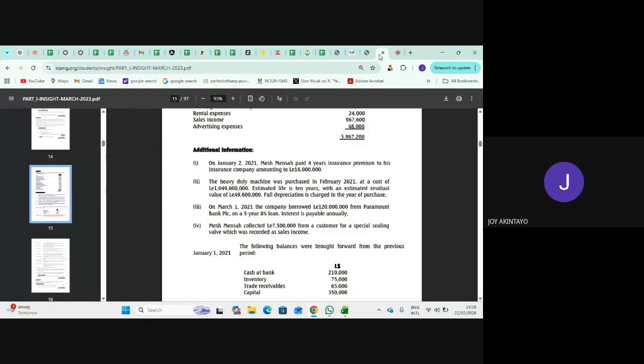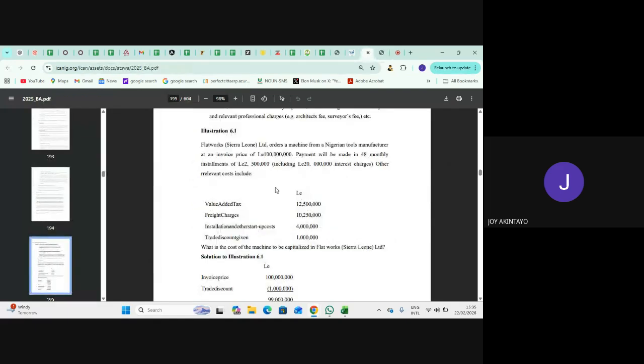So those are the directly attributable costs of bringing the asset. Now let's look at this question. Floorworks, a Sierra Leone company, orders a machine from a Nigerian tools manufacturer at an invoice price of 100 million Leone.